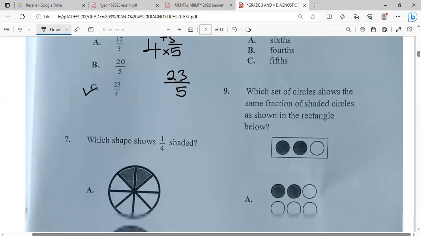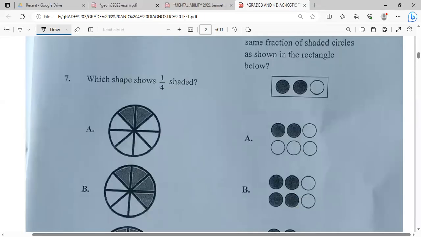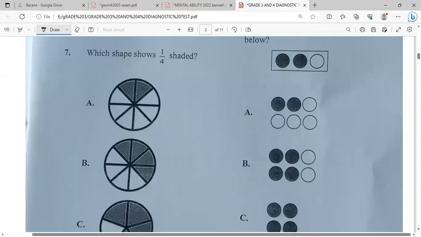Number 7 says, which shape shows a quarter shaded? First let us find the denominator. 1, 2, 3, 4, 5, 6, 7, 8.